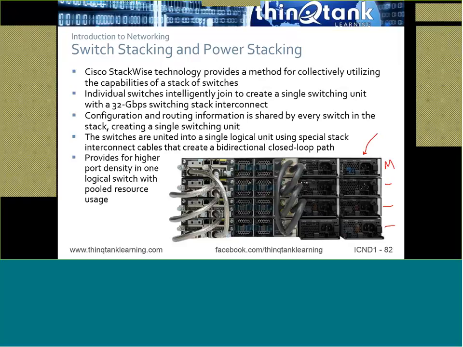This might be switch 1 in the stack, this might be switch 2, this might be switch 3, and so on. So the interface numbers for the first switch might be 1/0/X, and the interfaces in the last switch in the stack might be 4/0/X. Now the order of how those show up depends on the priority of the switches in the stack and how you provision them.